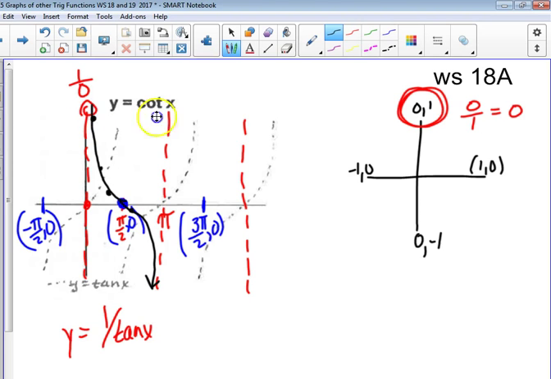You see why it switches direction like that? Because the reciprocal of big numbers are little numbers, the reciprocal of numbers close to 0 are still close to 0. Close to 1 are still close to 1. The reciprocal of 1 is 1. I don't know what I'm even trying to say.